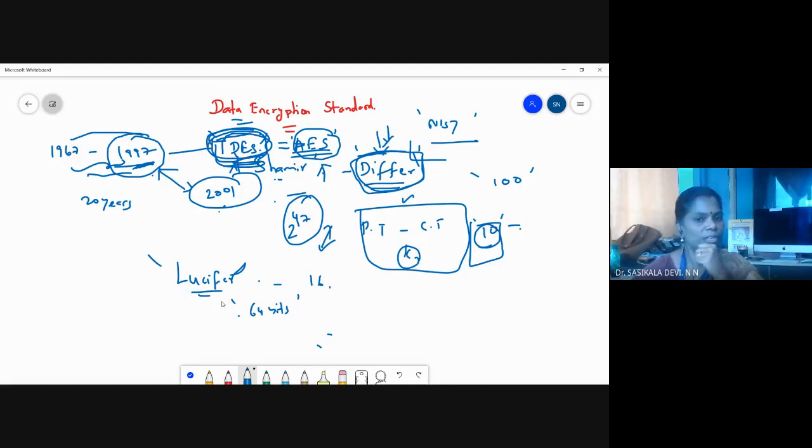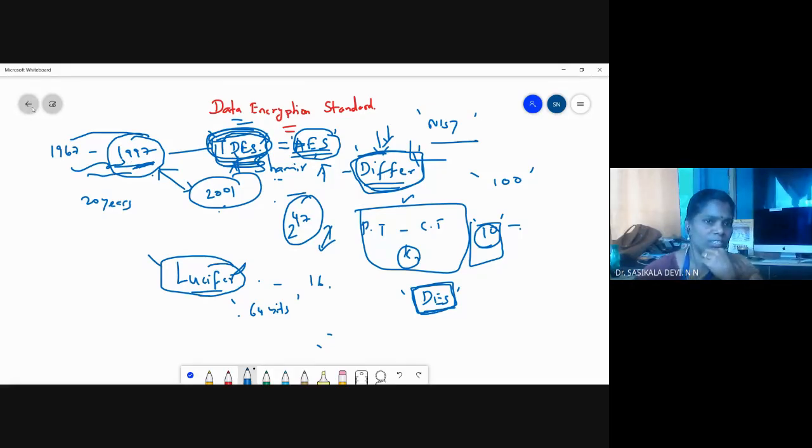Most of the design aspects of the Lucifer cipher are exploited in DES. With this history, we'll start DES with a detailed description tomorrow. We'll start the Data Encryption Standard formally.